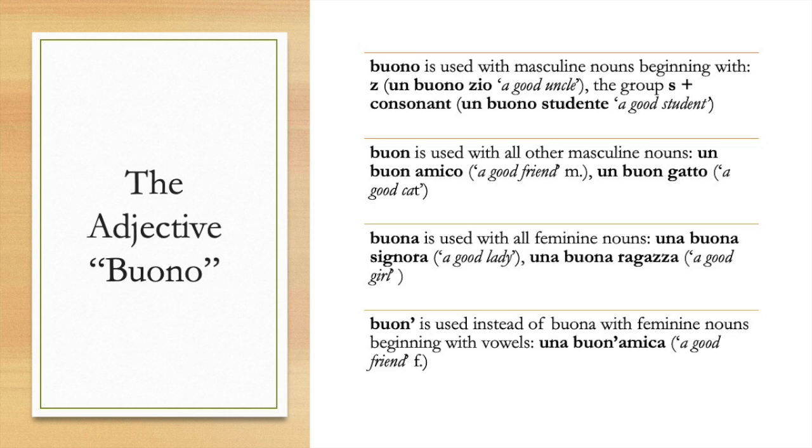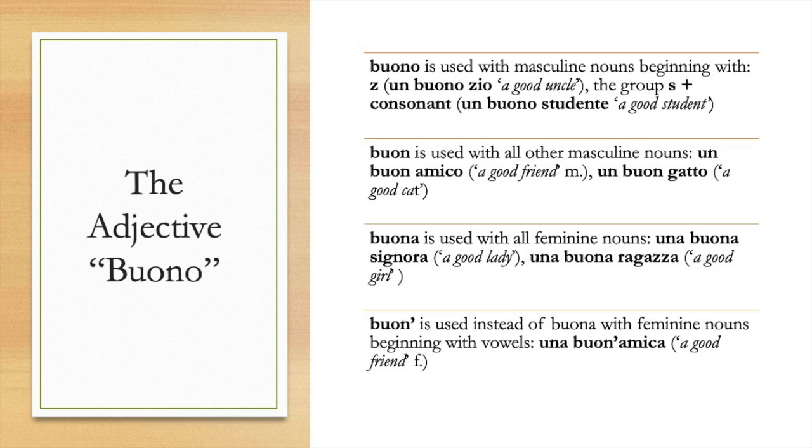Let me explain it. Buono follows the same pattern as Italian indefinite articles. For masculine nouns starting with Z or S plus consonant, we use buono, like un buono zio or un buono studente. For other masculine nouns, we use buon, like un buon amico or un buon gatto.